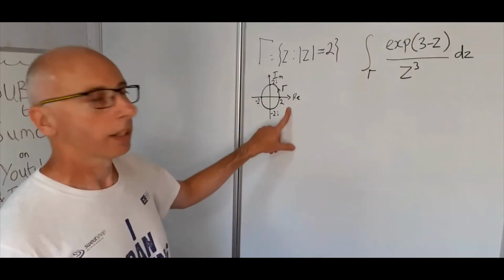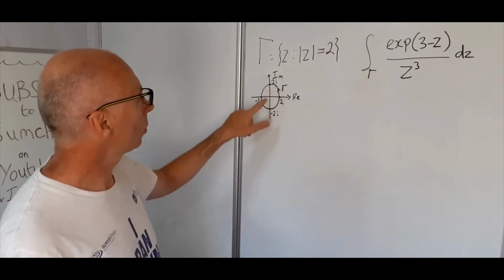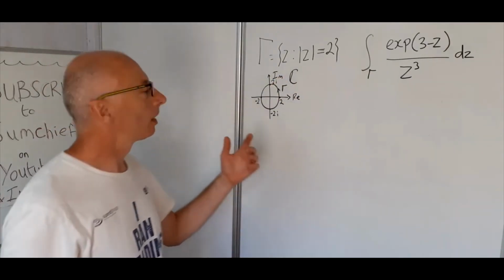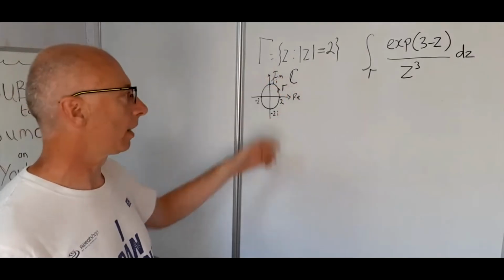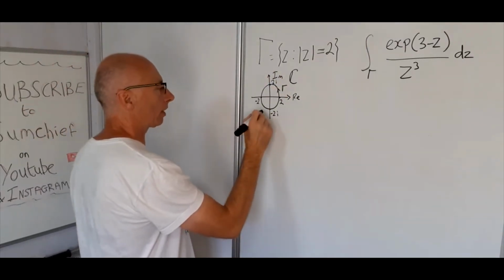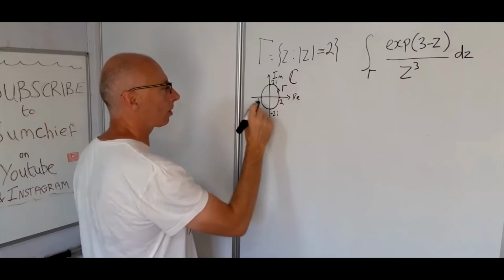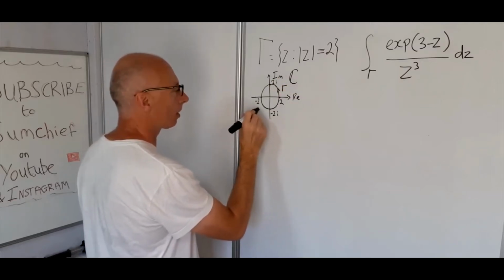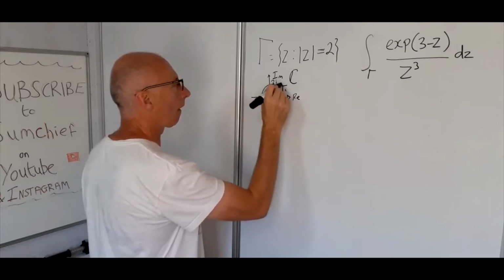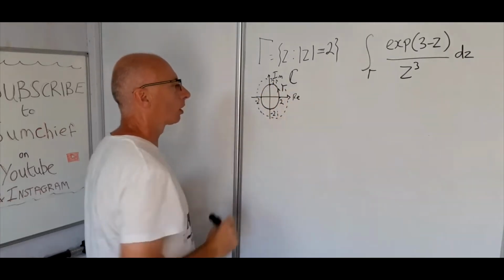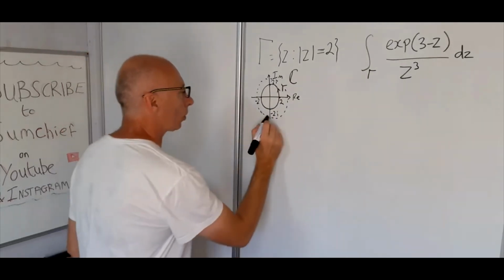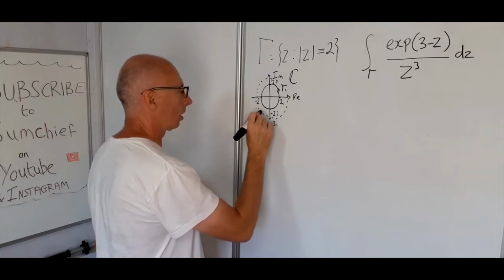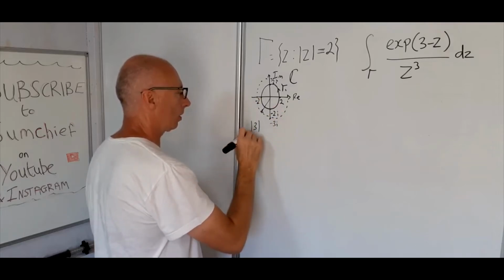Now we can see that this simple closed contour in the complex plane is fully contained inside a larger region, which we can call a circle of radius 3, so modulus 3.